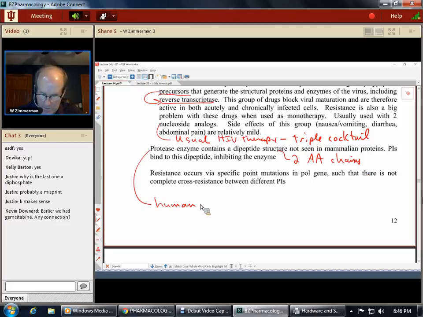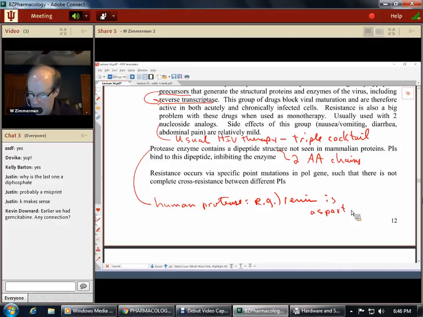This is an example here of human proteases. There's certainly a lot of them. Something like, for example, renin. It's an aspartate protease actually. So it sounds so similar, but it only has one chain.